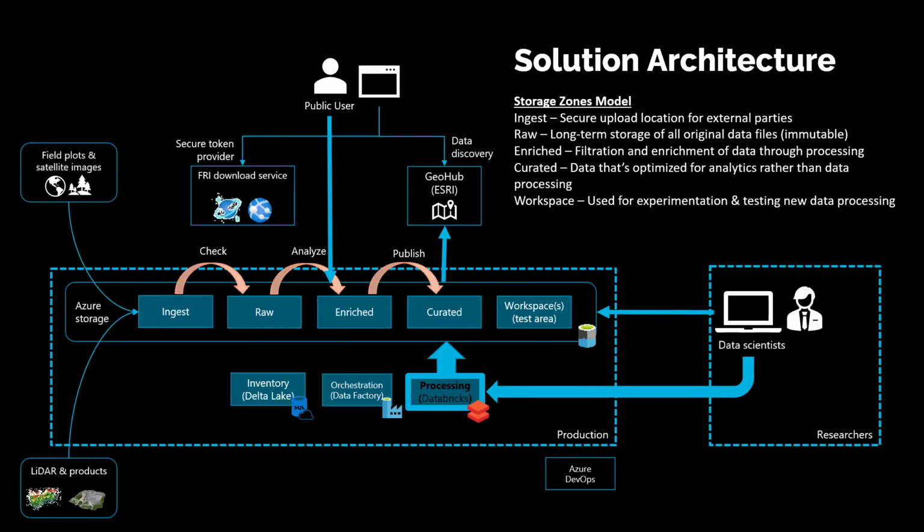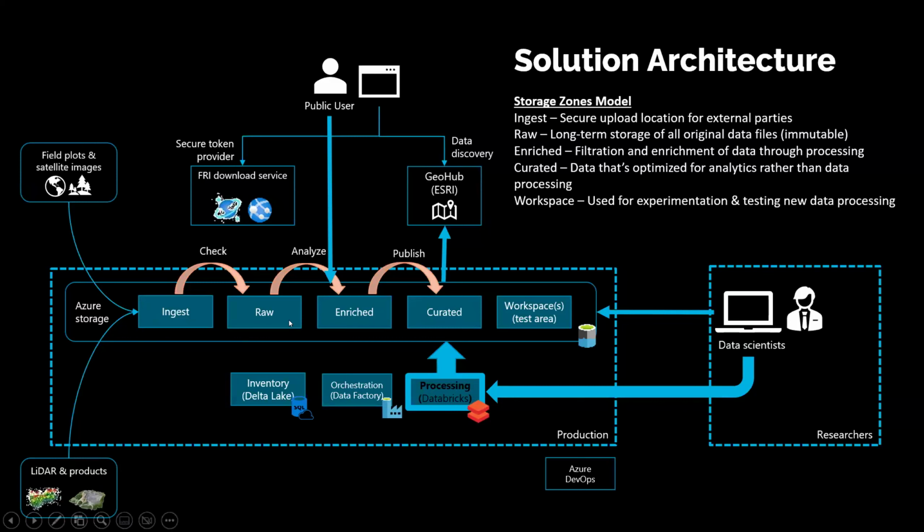So the architecture still looks similar to what we presented last year, but we've got inputs coming in from our field plot LiDAR vendors, and those come into an ingest zone where we're able to run the general QA/QC, deploy audits for field and so forth if need be.